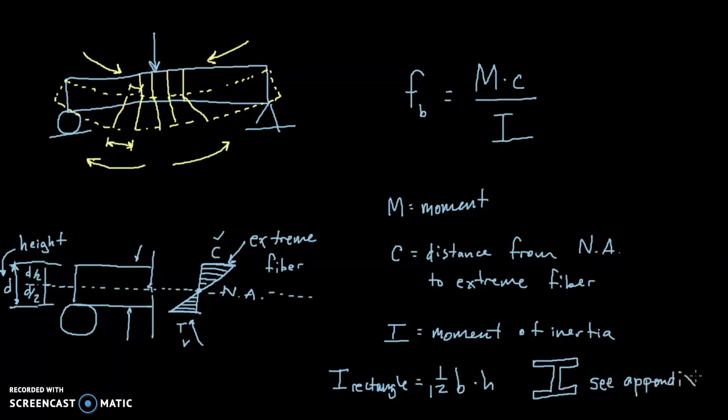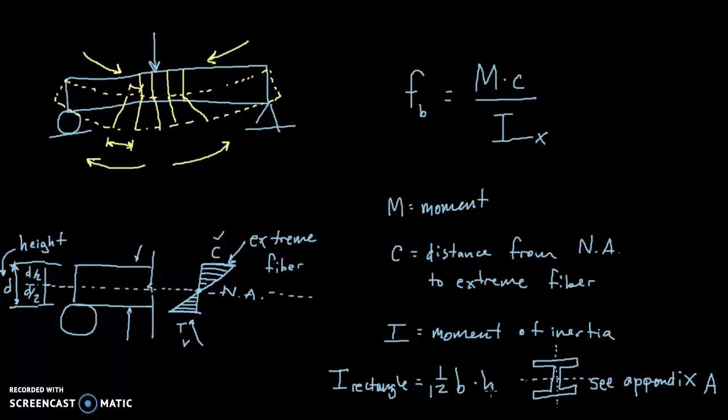And for wide flange shapes, that's in Appendix A. The moment of inertia can be found with respect to the x-axis, which is what we're primarily interested in when it comes to bending about the primary axis. For bending from side to side, the shape would bend about its y-axis. So there is an I sub y, but that's typically not what we're interested in when we're looking at beams. We're more concerned with the I sub x.